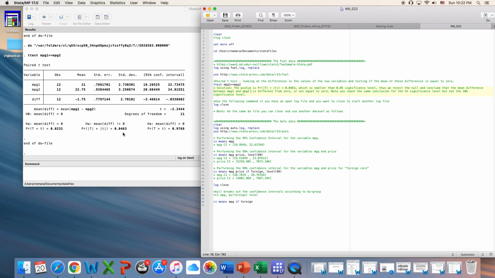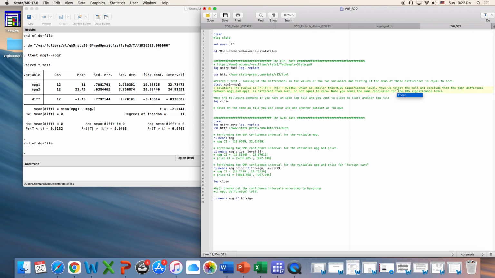I want you to notice that you can reach the same conclusion if you use the 1% level, and you can also reach the same conclusion for the 10%.